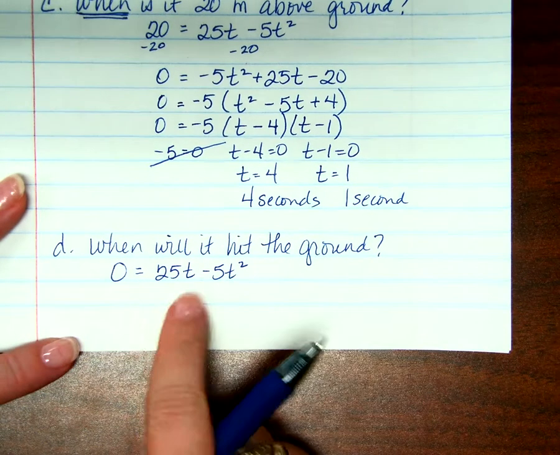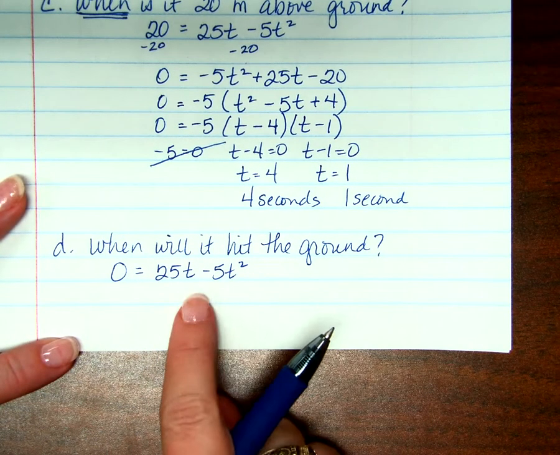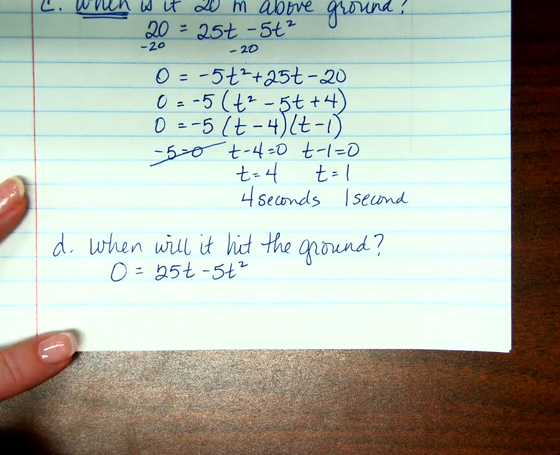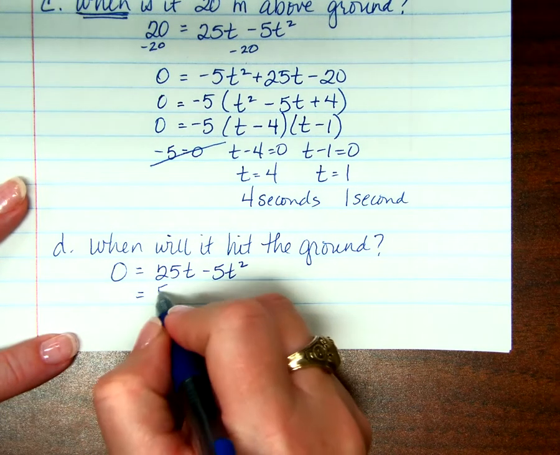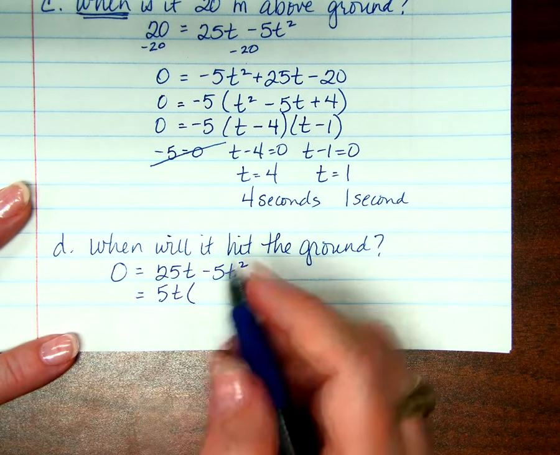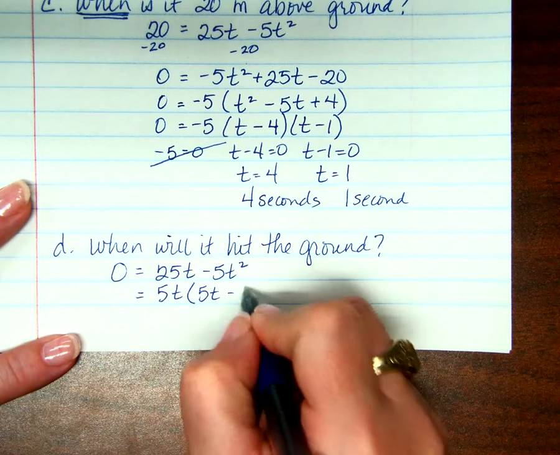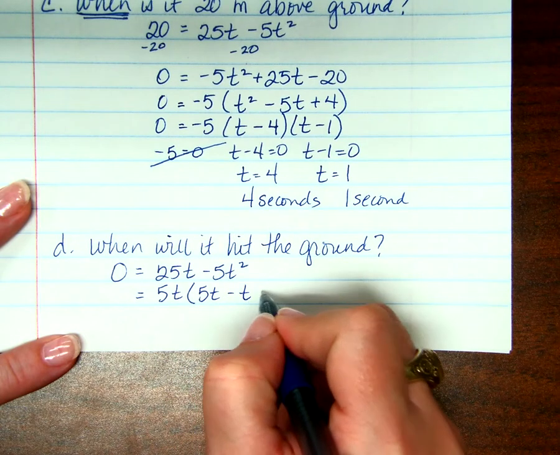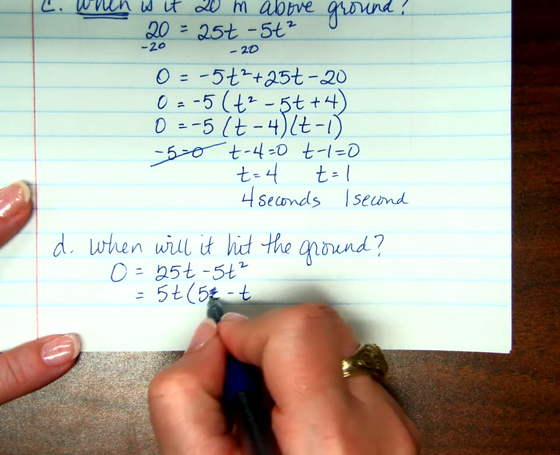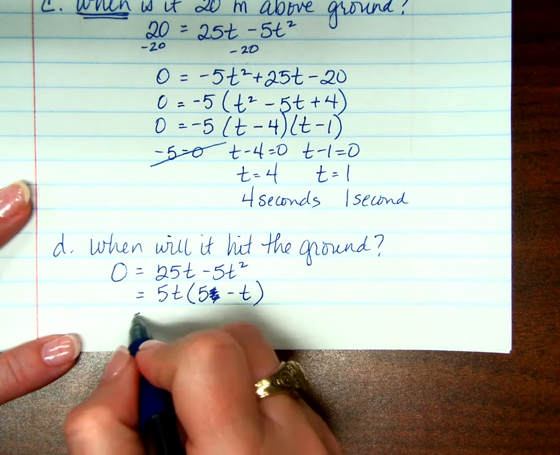So I just have to solve that. Once again, is the quadratic formula the easiest way to solve this? How should I solve this one? Factor out 5t. What am I left with if I factor out 5t? 5 minus t. So I set each one of these equal to 0.